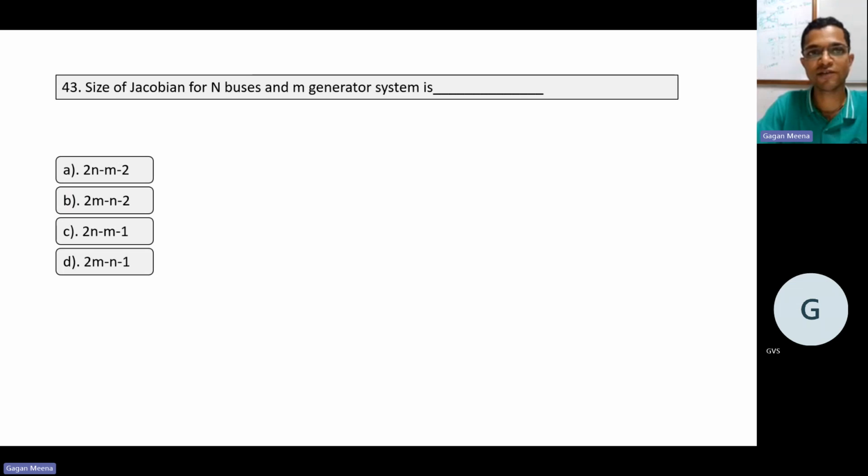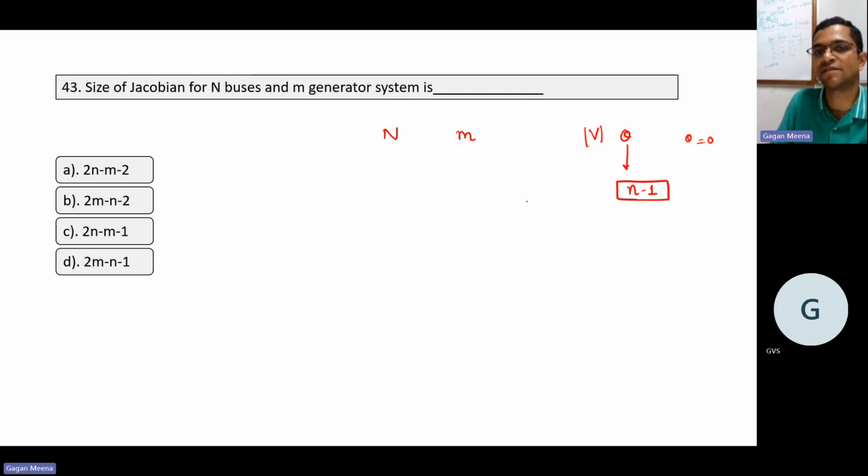Size of Jacobian for an n bus, m generator system is? Now what are the unknowns? We have voltage magnitude and angle. Angle, except for the reference bus, we don't know; for the reference bus it is equal to 0. So for total n buses, the unknown theta becomes n minus 1. And how many voltages do we need to calculate?